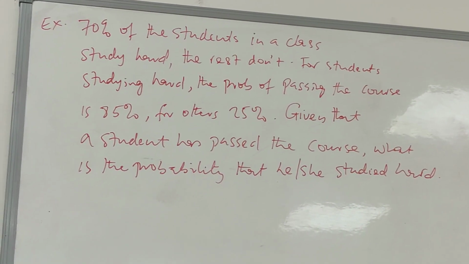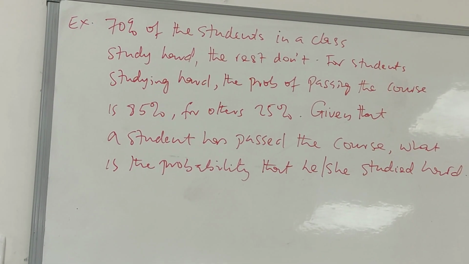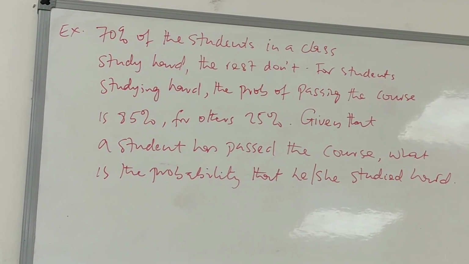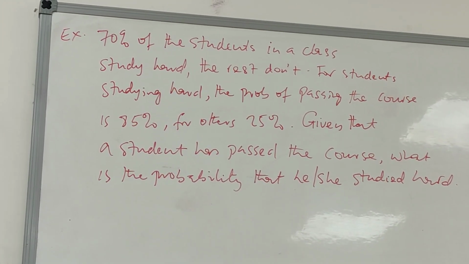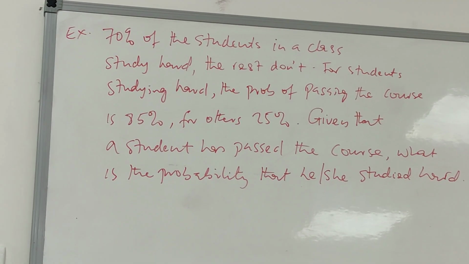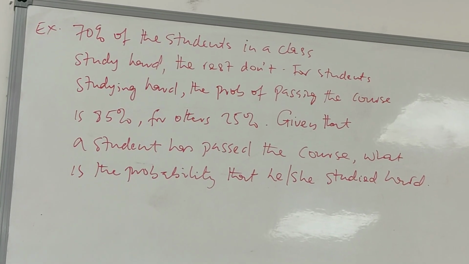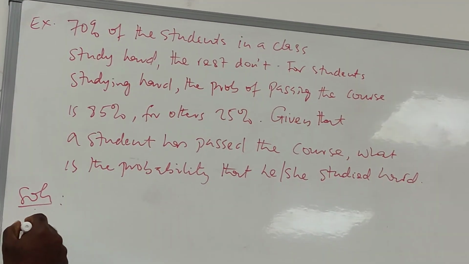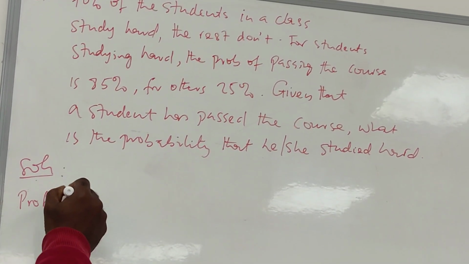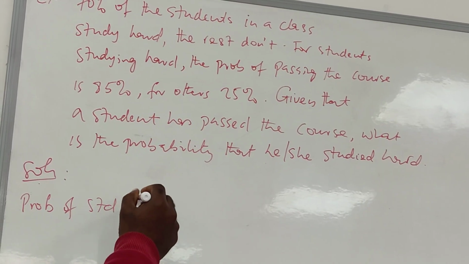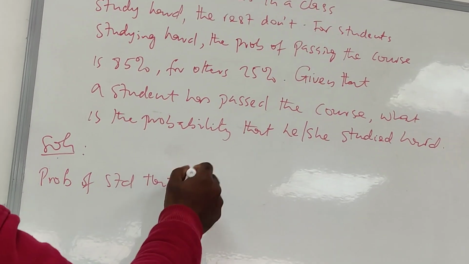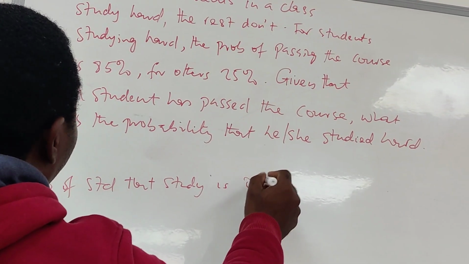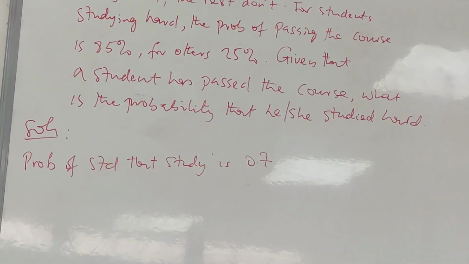So let's look at the solution of this example. 70% of the students in a class studied hard. So the probability of students that studied hard is 0.7. Am I right?